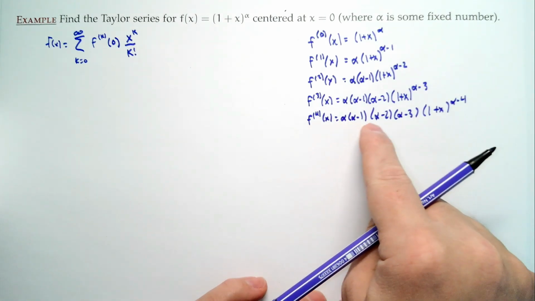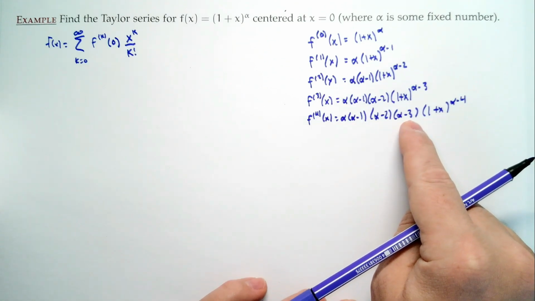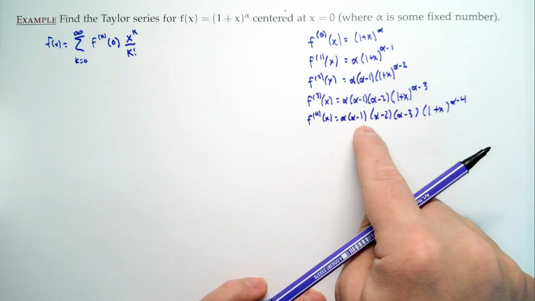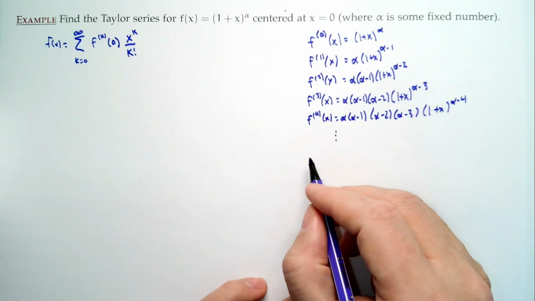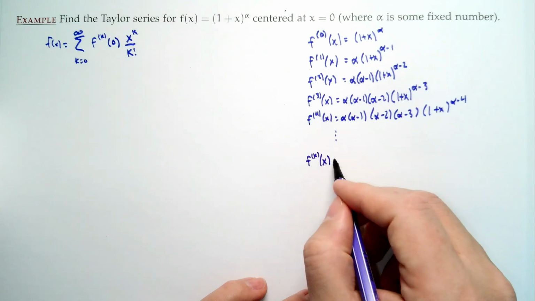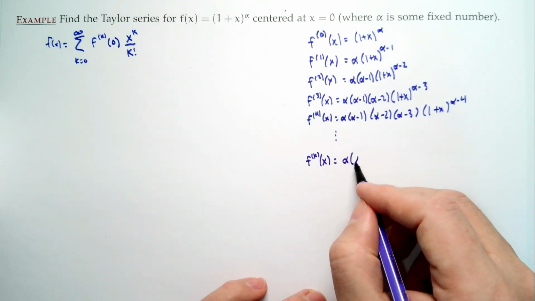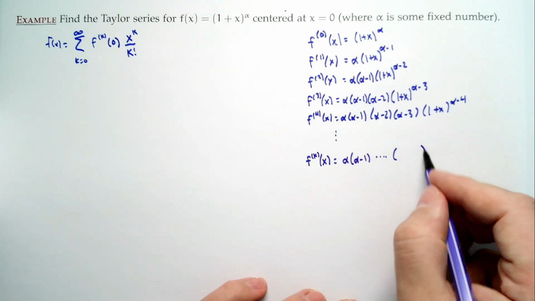Now, what's happening? We're starting to get longer and longer increasing products in the front: alpha, alpha minus 1, alpha minus 2, alpha minus 3. So if we were to go all the way down to the kth derivative, what would we have? We'd have alpha times alpha minus 1 times something.